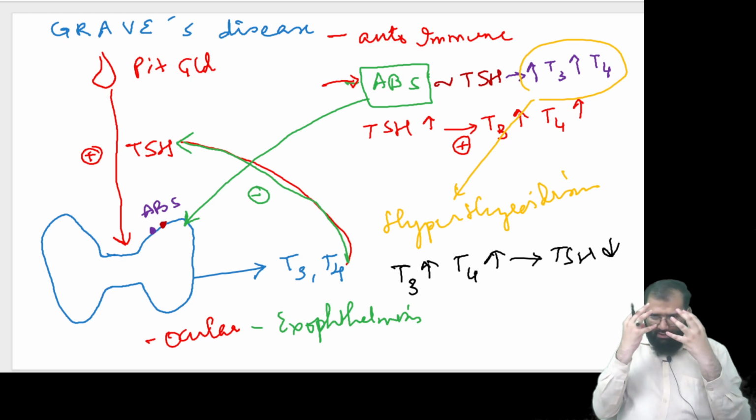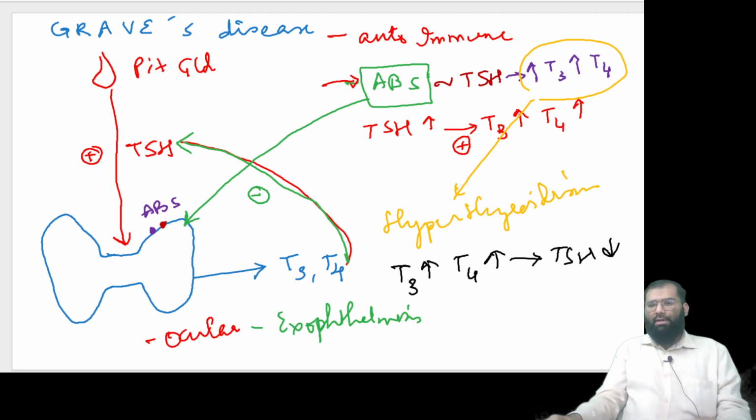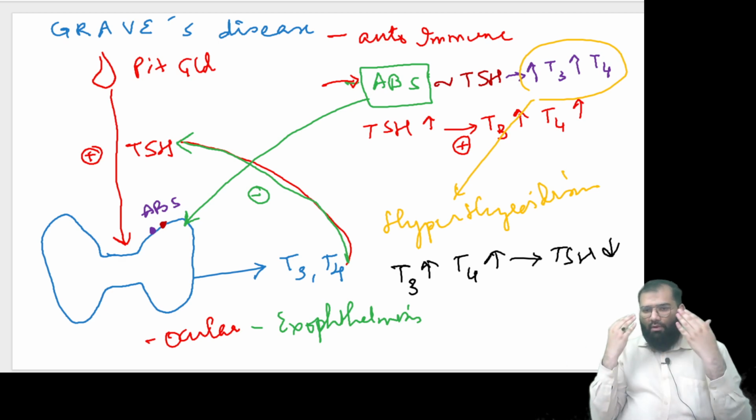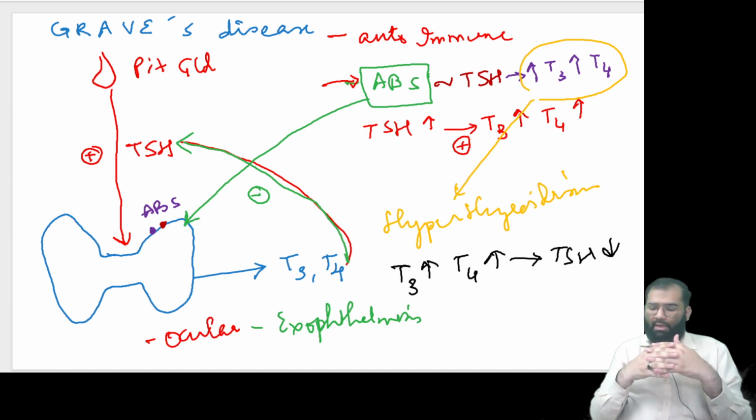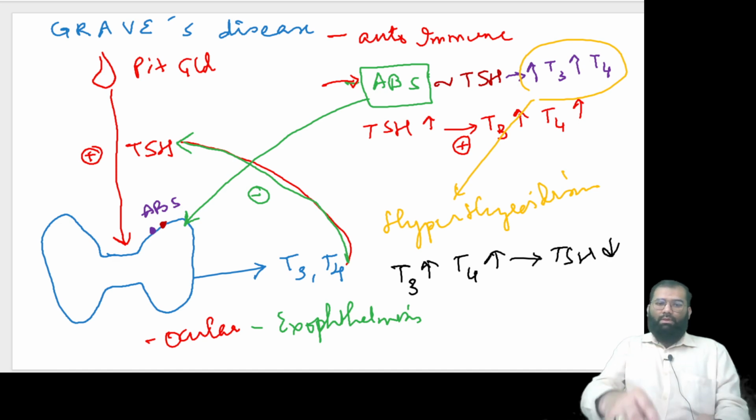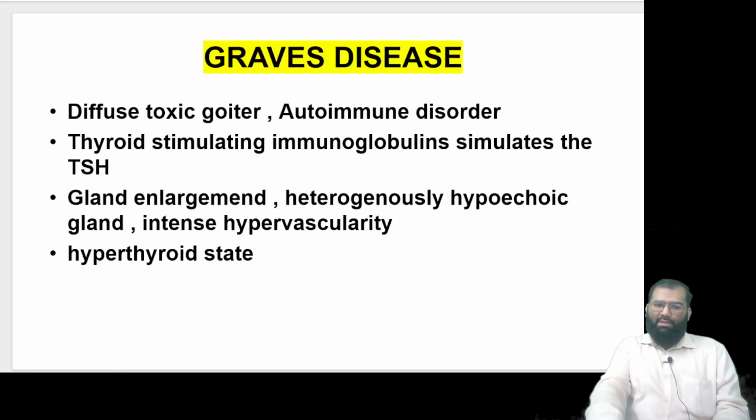The eyeballs are very protuberant. You can see them coming out beyond Hertel's line, as we call it. There are other different signs. I won't go into the clinical signs of ocular Graves, but let us discuss in brief and then come to the USG images.